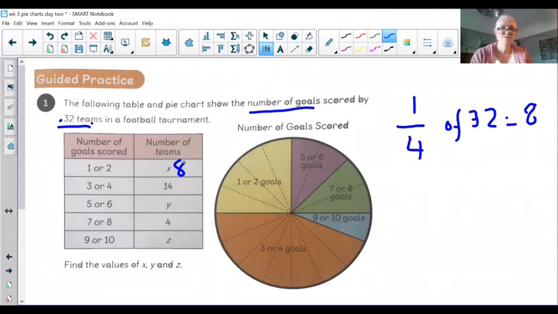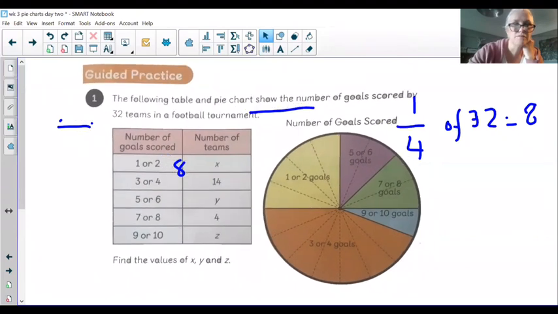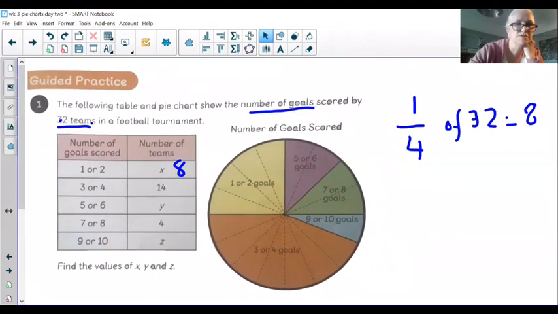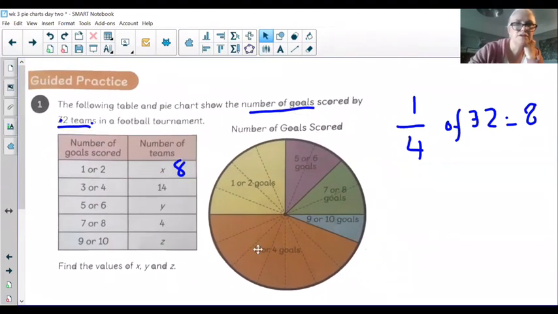Okay, 3 or 4 goals we know is 14, and we can check now, can't we? Because the other way we could have done the 1 or 2 goals is to look at 3 or 4 goals. We can use the information we've got to say how many of these little segments are there in the 3 or 4 goals.